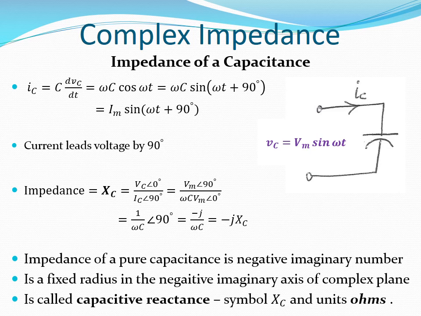The impedance of a capacitance is called capacitive reactance. The symbol is Xc and the units are the ohms.